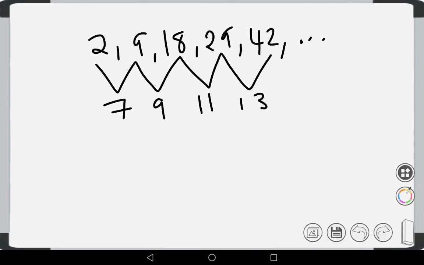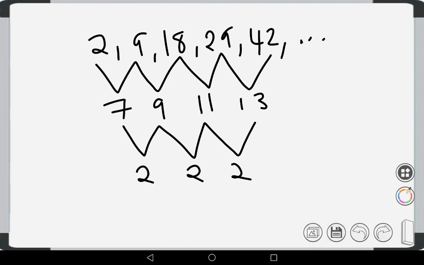Now we can do the second difference: 9 minus 7, you get 2. 11 minus 9, you get 2. 13 minus 11, you get 2.